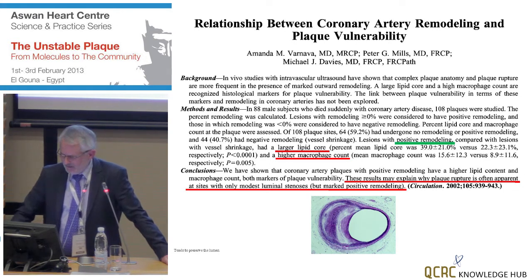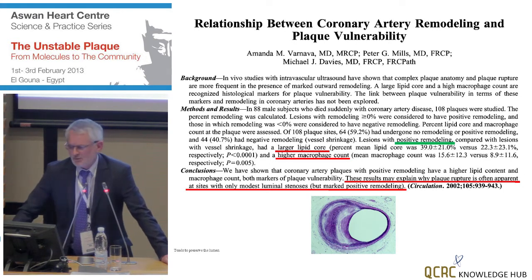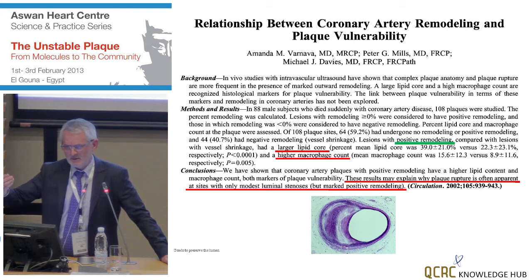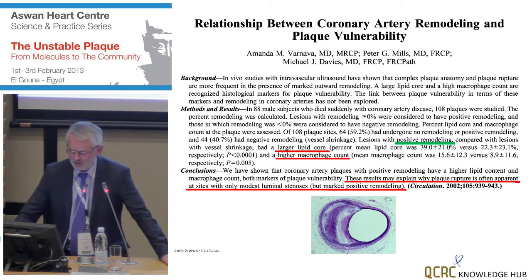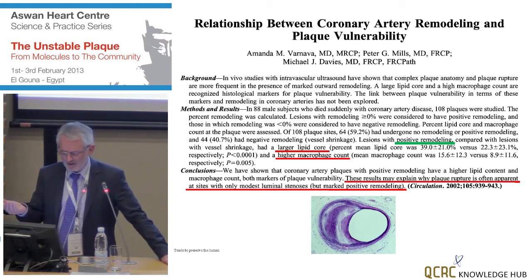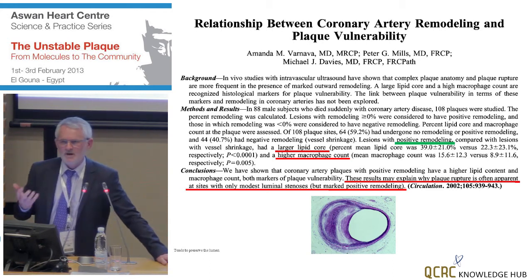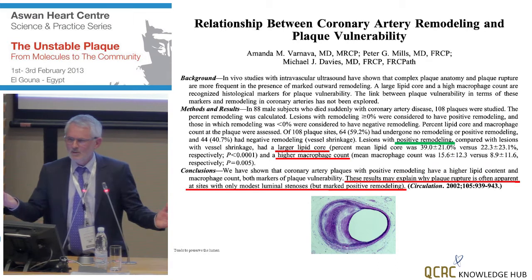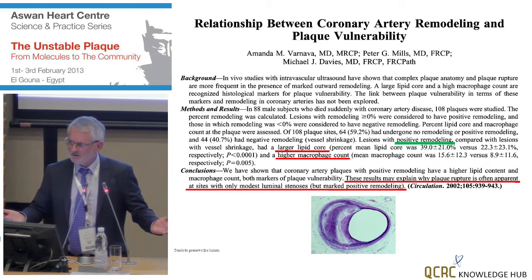He published this paper many years ago where he described positive remodeling, expansive remodeling, and if you see expansive remodeling of a plaque, it is usually associated with a large lipid-rich necrotic core and high inflammation, high density of macrophages. So inflammation and necrotic core are associated with expansive remodeling, which tends to preserve the lumen.